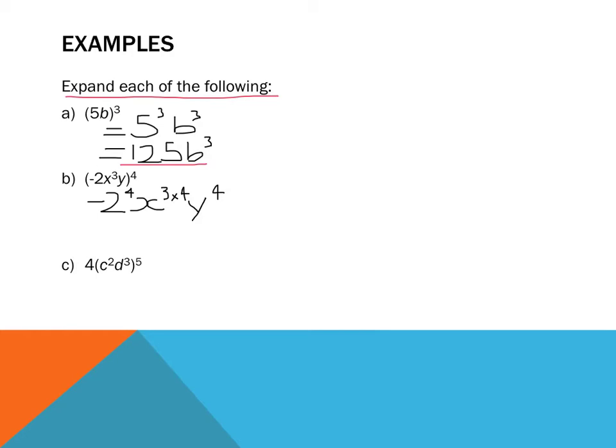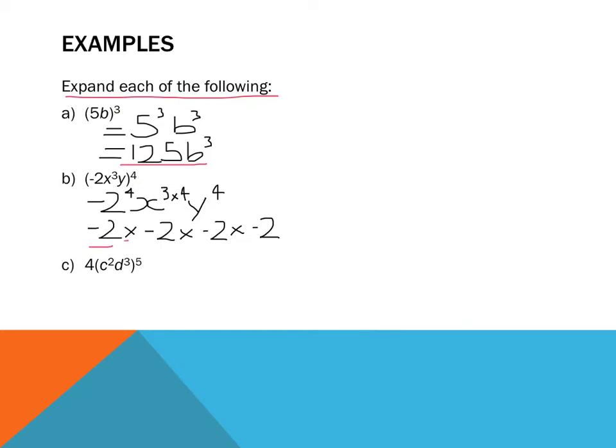Cool. Negative 2 to the power of 4. That's the same as saying negative 2 times negative 2 times negative 2 times negative 2. Okay, this is taking us back to our first lesson. Whenever I've got a negative to the power of 4 or 3 or 2 or 1, I work left to right.